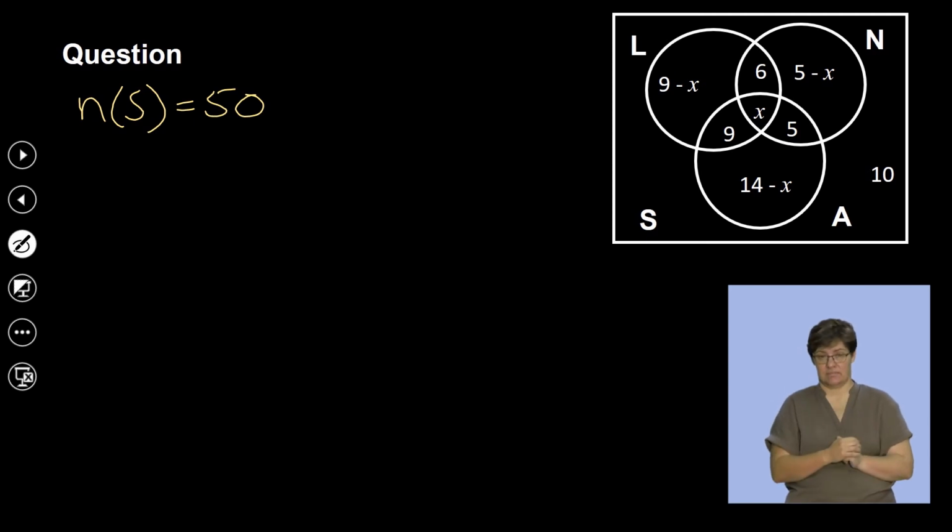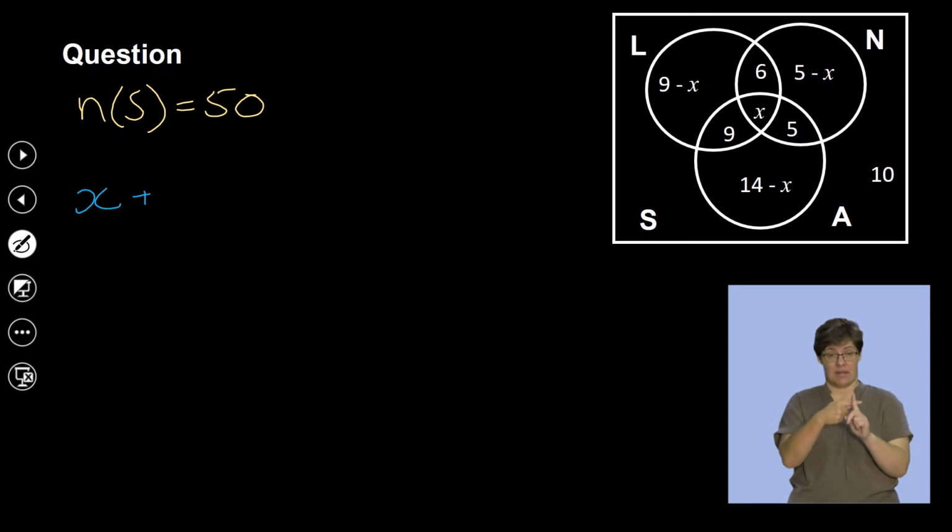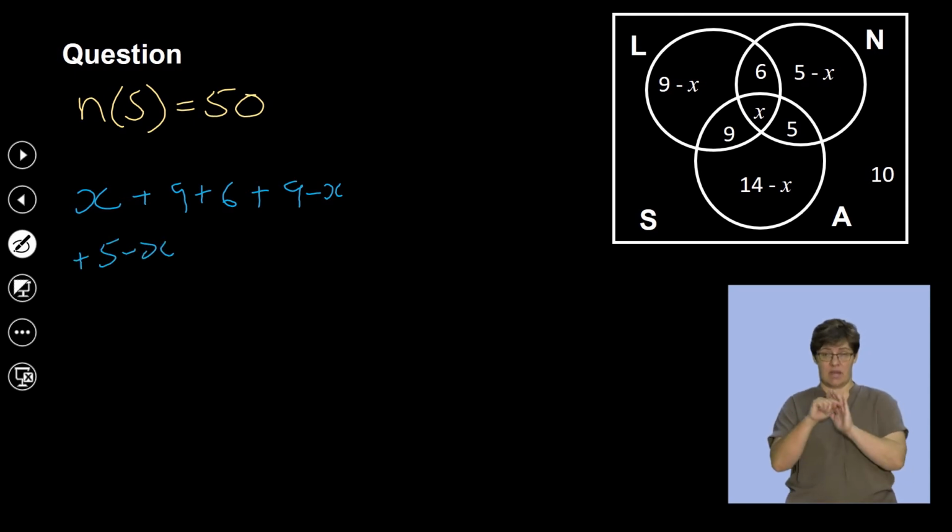And if we do that, we'll recognize we've got x in the middle plus, we've got 9 plus 6 plus 9 minus x. That was all in L. And then I'm going to say I've got plus 5 minus x plus 5, and I recognize that that adds up already.